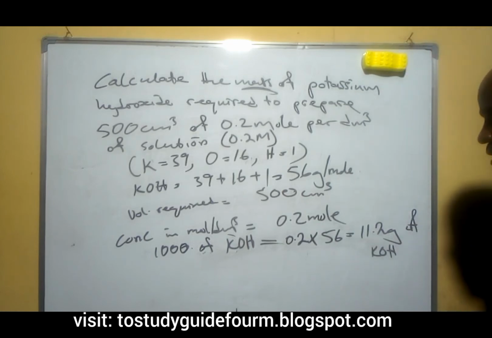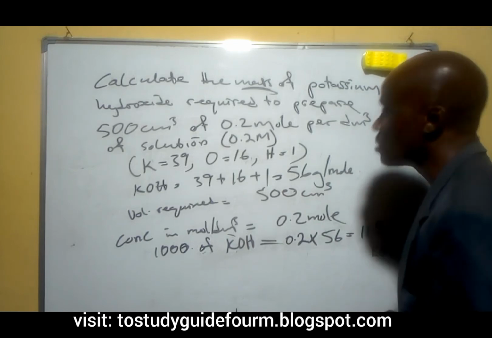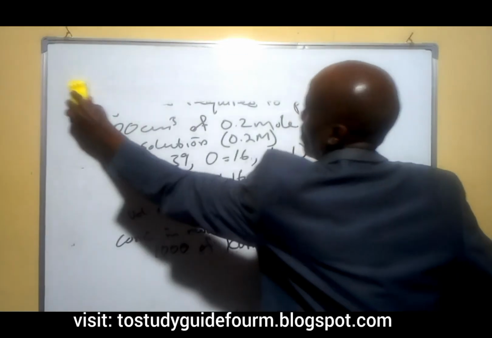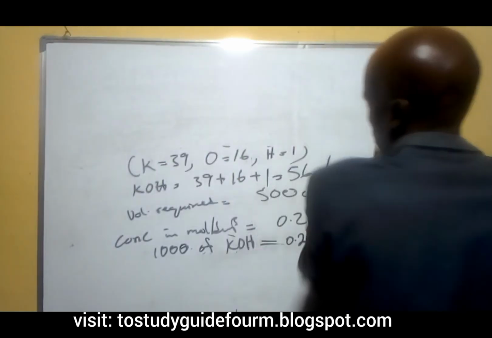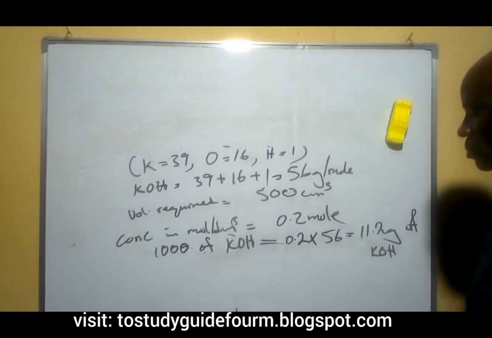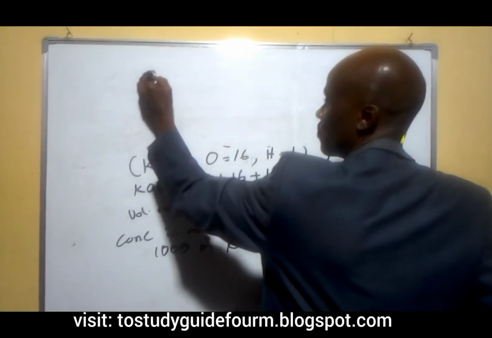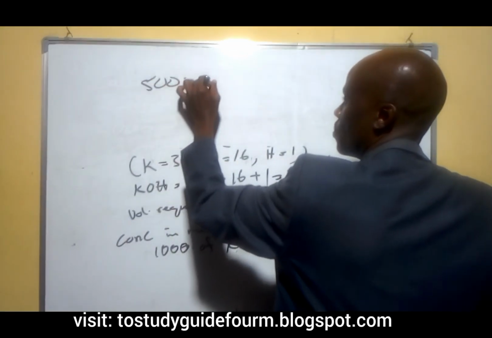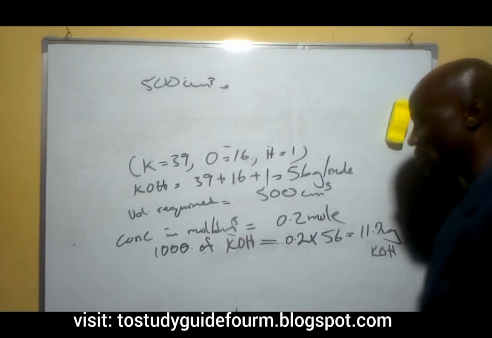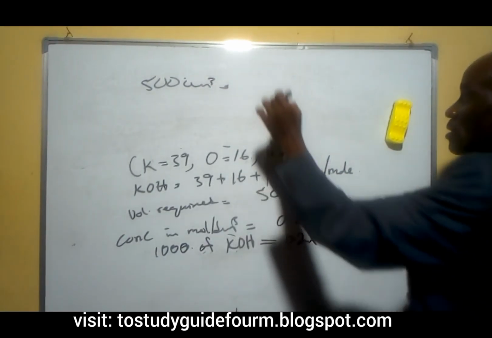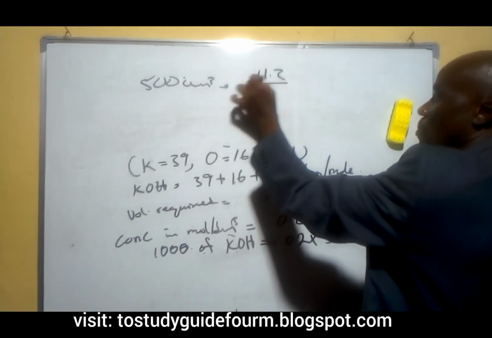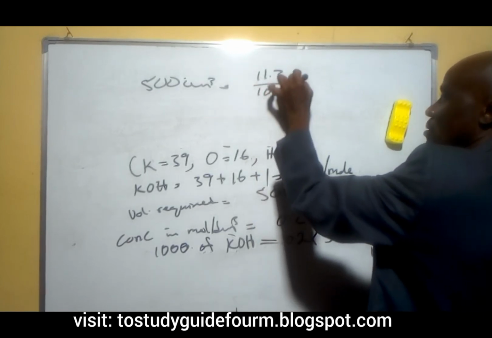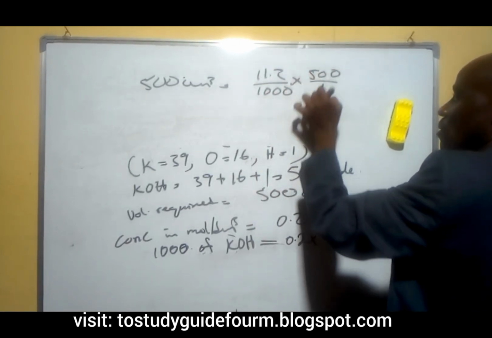So what are we going to expect in 500 cm cube? This is another exciting thing we're going to find out. The mass that will be required there should be 11.2 over 1000 times 500 over 1.